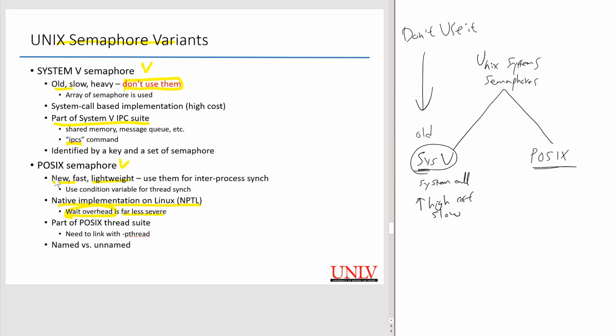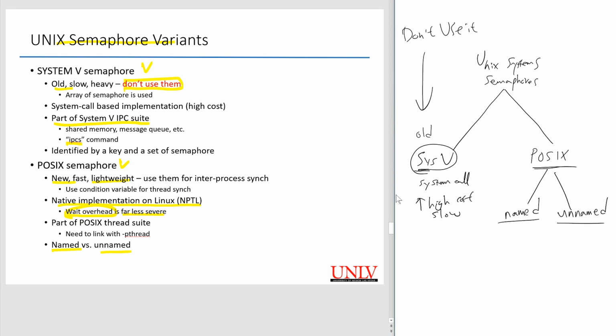Right, and there are two types of POSIX semaphore. One type is named, the other type is unnamed. The operations of named and unnamed semaphores are exactly the same. They both have P and V calls, and they behave in the same way.